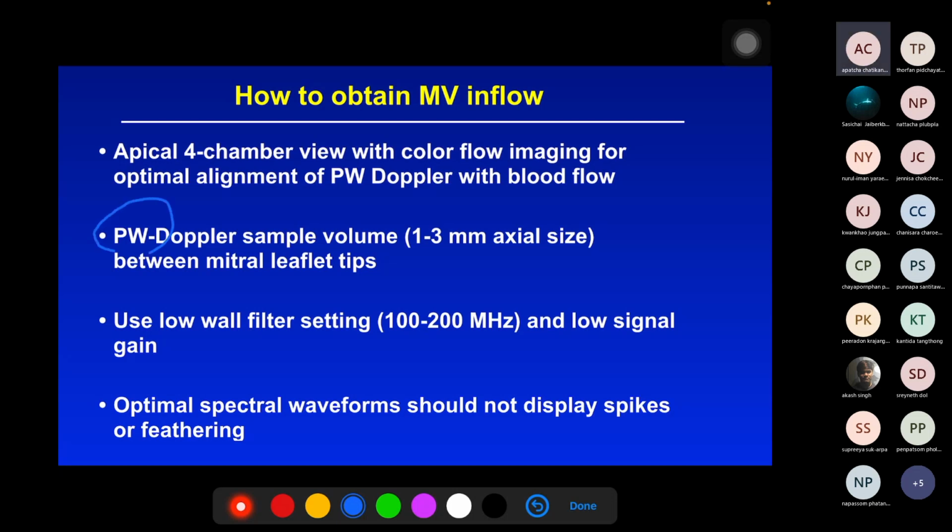Yes, because you want to evaluate the flow at some point. So you use the PW and place it at the tip of the mitral valve, use the low wall filter and an optimal spectral waveform. I think you should try to practice this one so you get more from the practice.